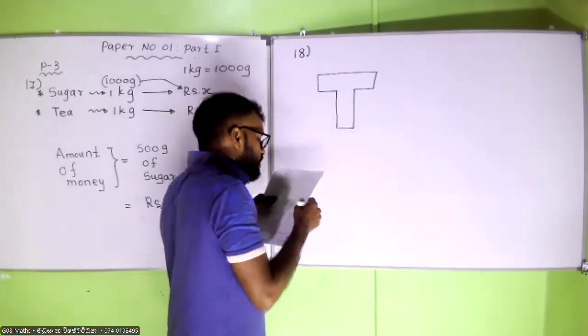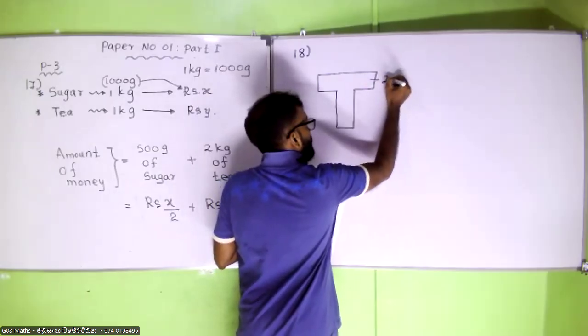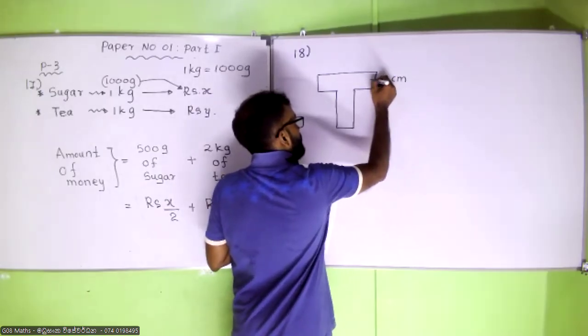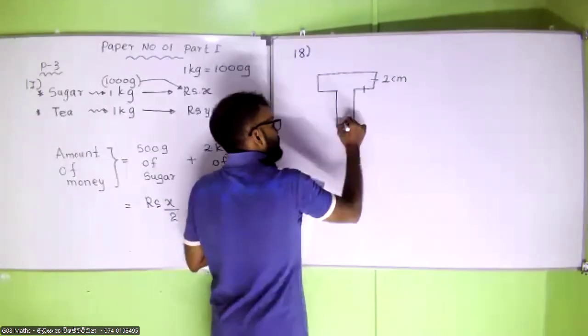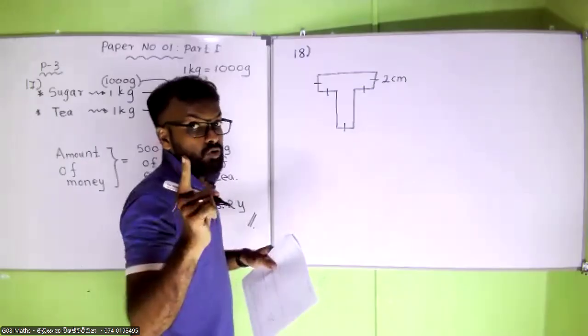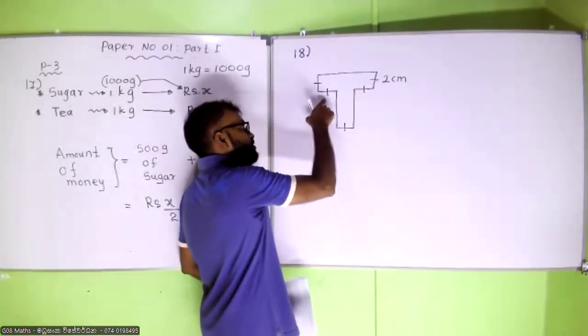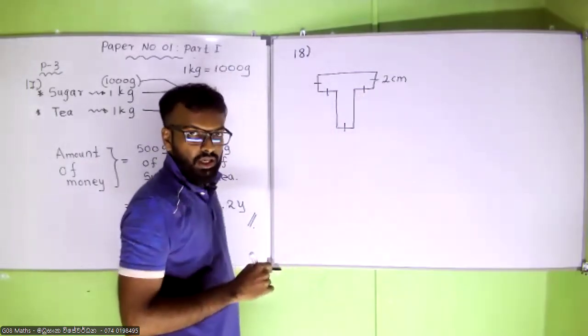And they have marked this length is 2 centimeters, and this length equals this length, all these lengths are equal. So you need to know if this is 2, this is 2, this is 2, this is 2, this is 2. Okay?